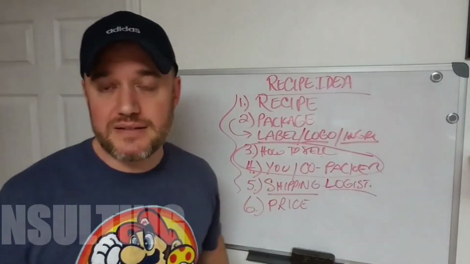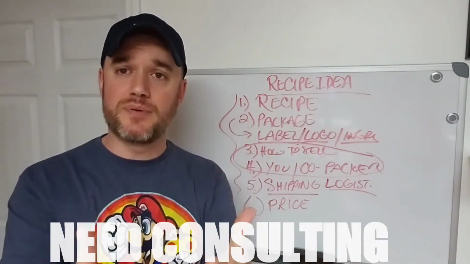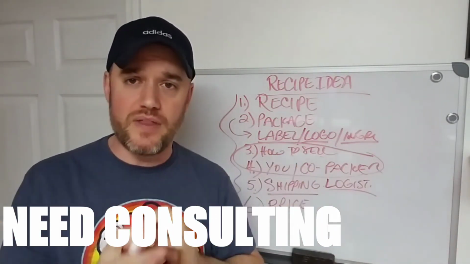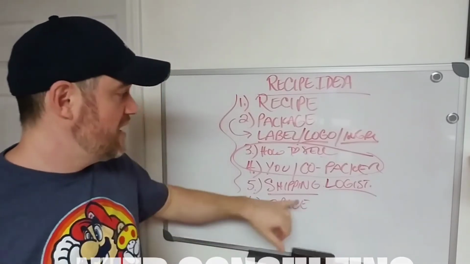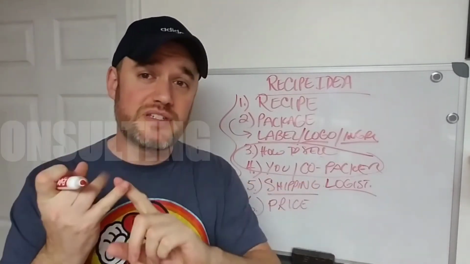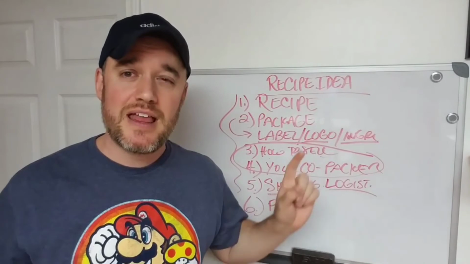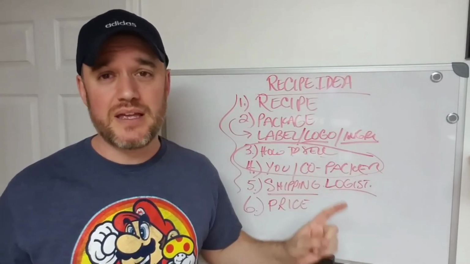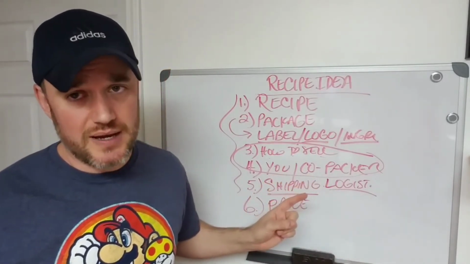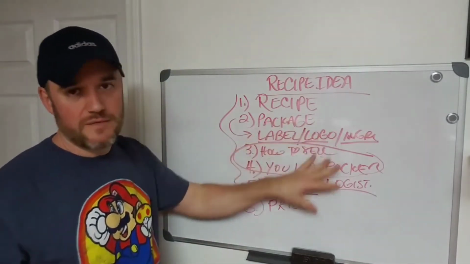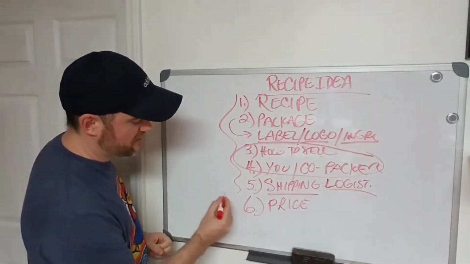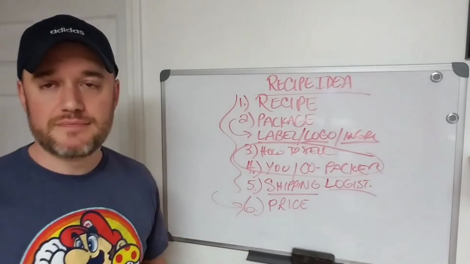So if you make it, obviously you put the physical labor into producing it, moving it, shipping it, dropping it, all that stuff, it's going to be cheaper. If you have a co-packer make it and they source it, package it, ship it, that's going to cost you a lot more money. You doing it's just going to cost you more time, okay? So these are some factors to think about. Then that brings you down to the price, okay?